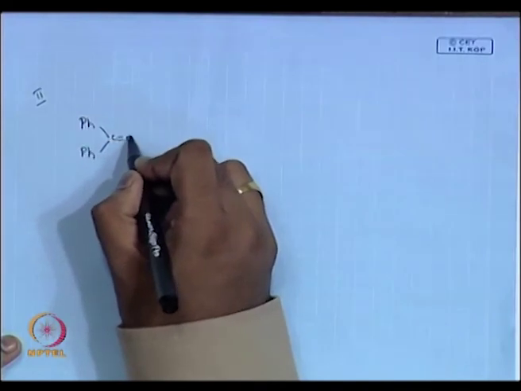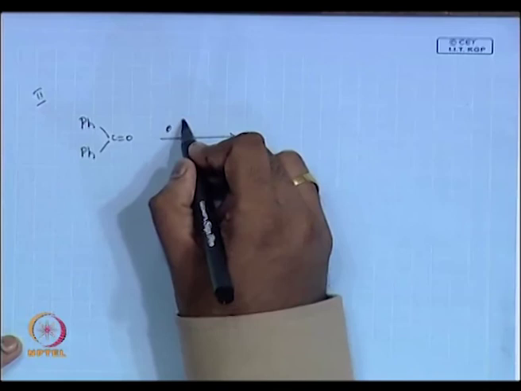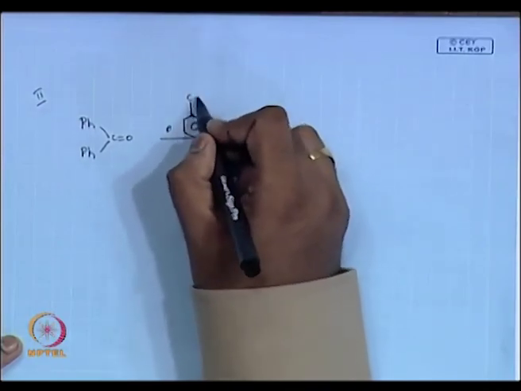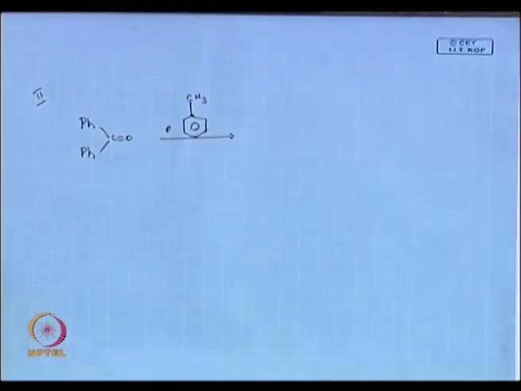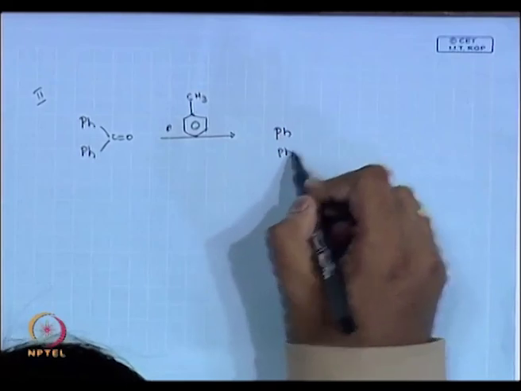Yes, it excites to the singlet and then undergoes intersystem crossing to the triplet. So you get a radical like this.